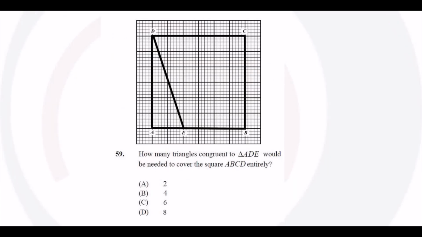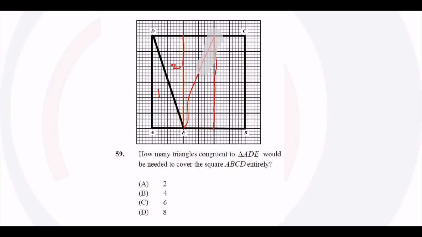Question 59. How many triangles congruent to triangle ADE would be needed to cover the square ABCD? Congruent means same, equal. So if we get 1 here, 2 here, that means we have 2 more lines. Let me draw it neatly.